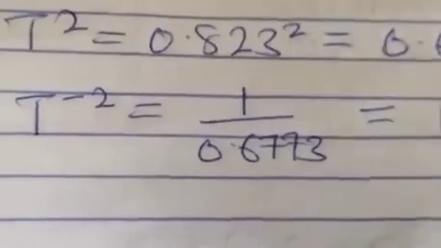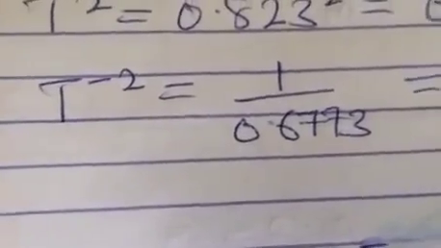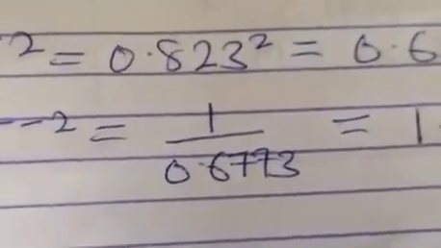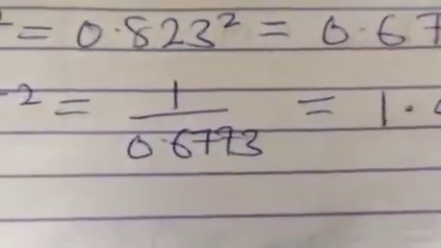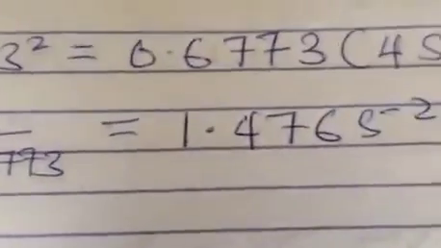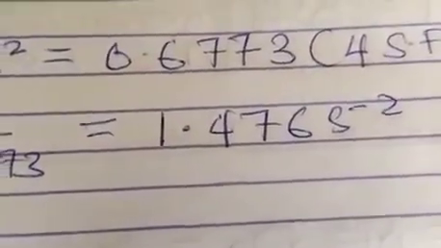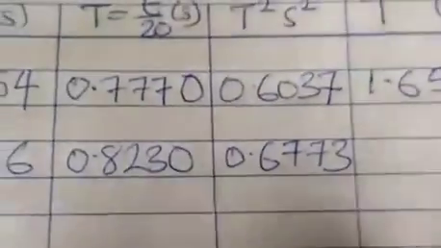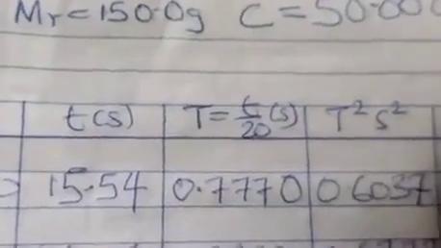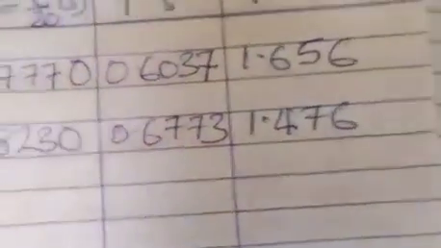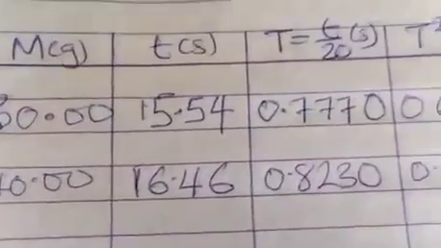Having done that, we'll now look for the inverse of the period squared, that is t raised to the power minus 2, which is 1 over t squared. Our t squared already is 0.6773. So 1 over 0.6773 gives us 1.476. So we report 1.476 as the inverse of the square of the period.